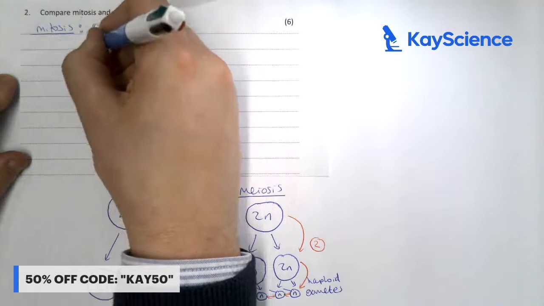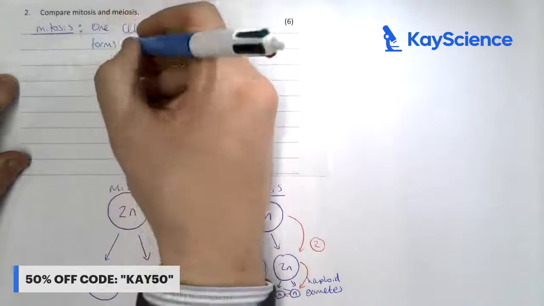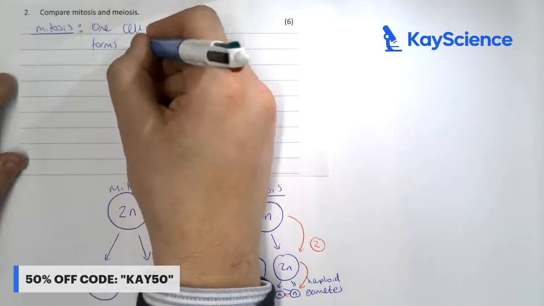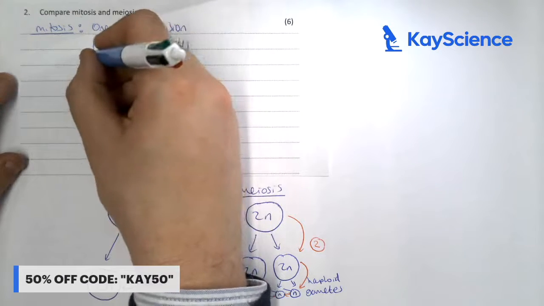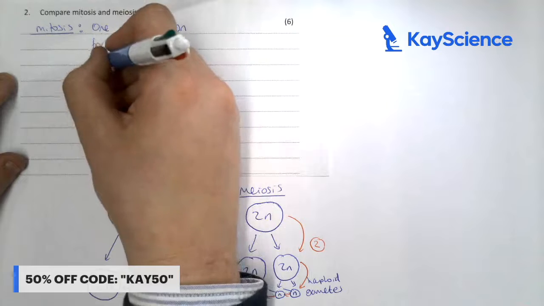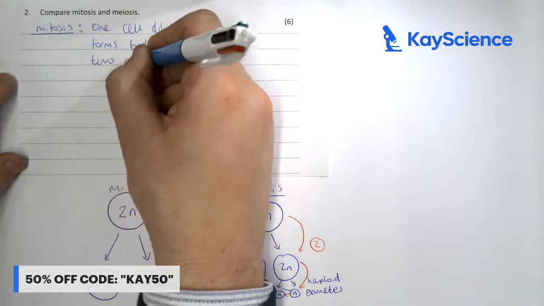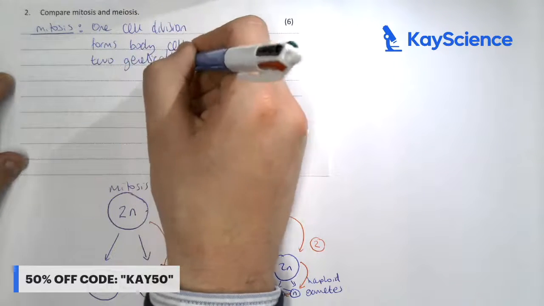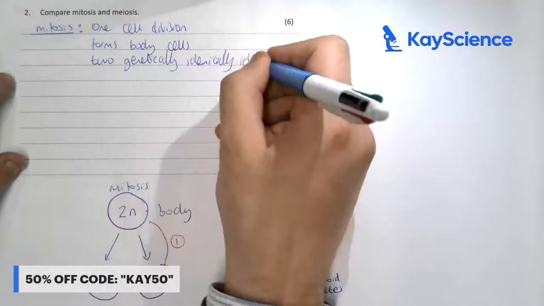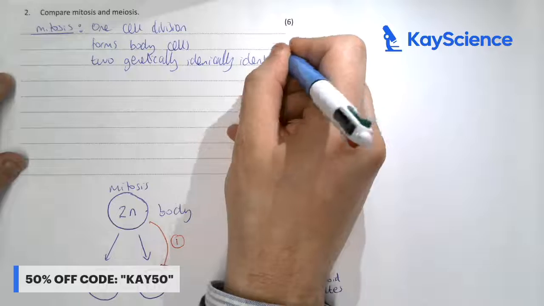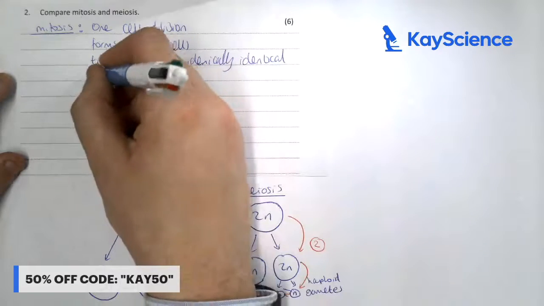And it forms 2 genetically identical diploid body cells.